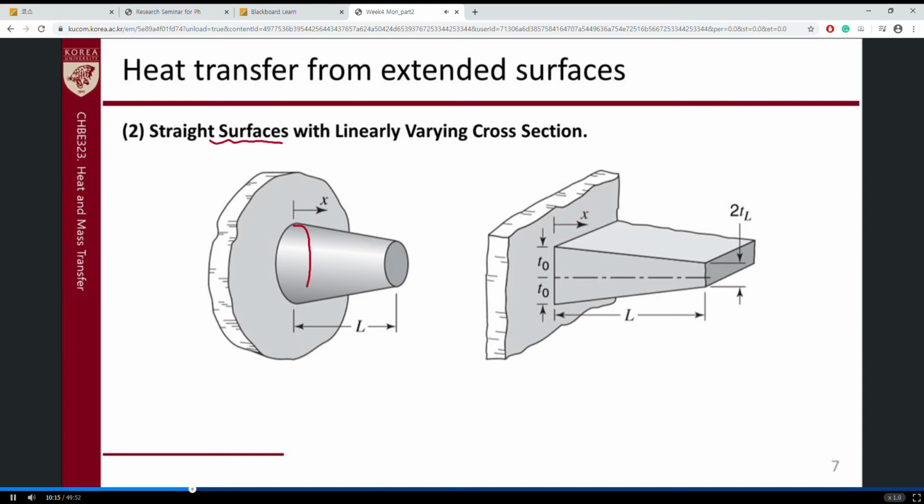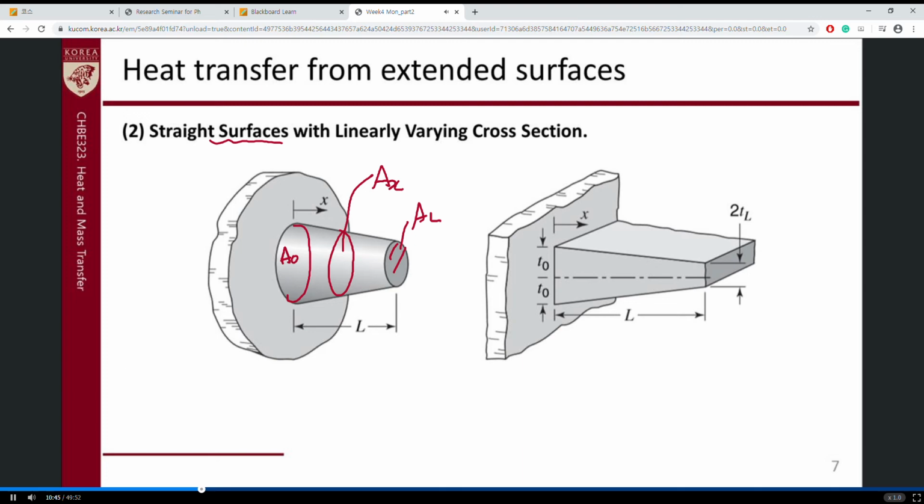So we define this as A0 where x is 0, and this can be the AL, right? And then we want to calculate some area A depending on the x, right?